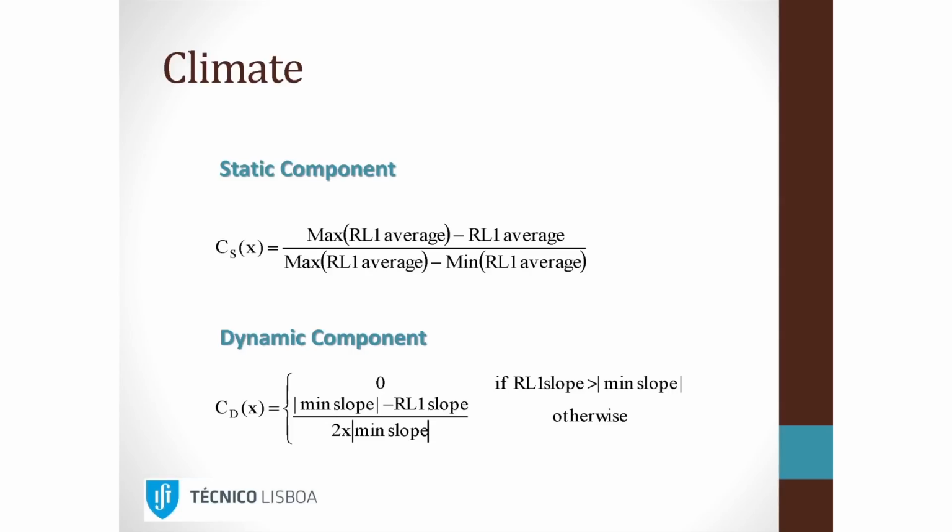We did this for the three countries, and we got the same conclusion. So we adopted this: a static component based on the mean of the drought indicator, and a dynamic component built on the slope of the trend of the drought indicator.